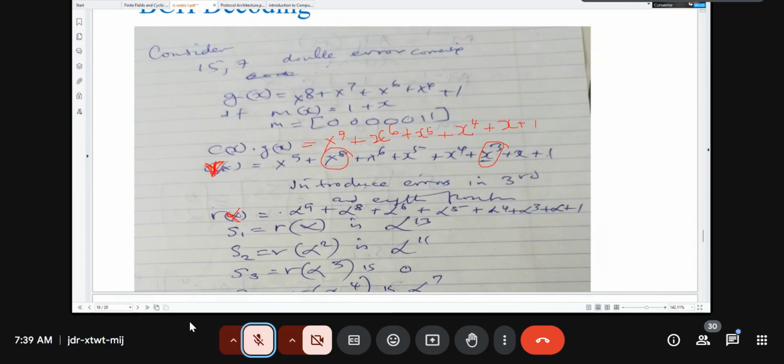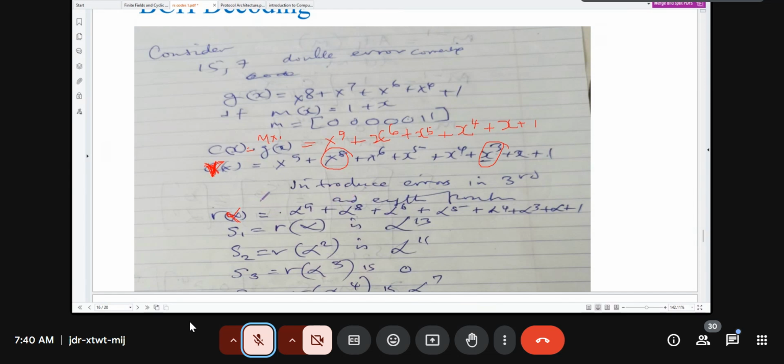I think I wrote it badly. So this is supposed to be Cx, I messed up my name. So Cx is equal to Mx multiplied by Gx, which is equal to this.